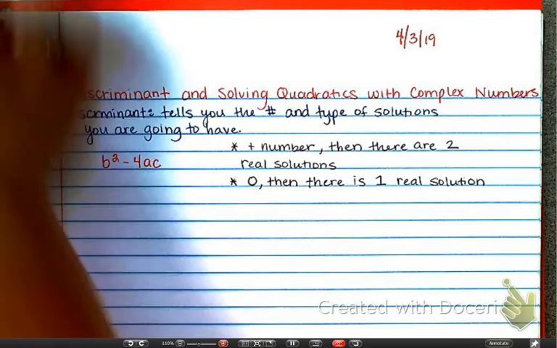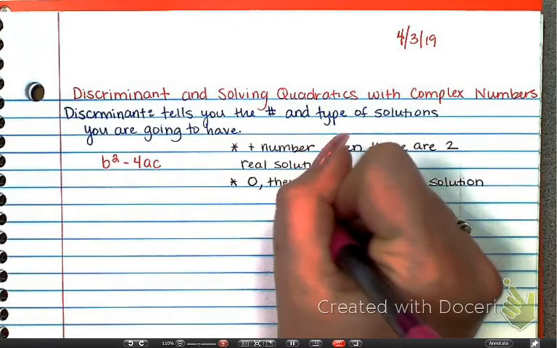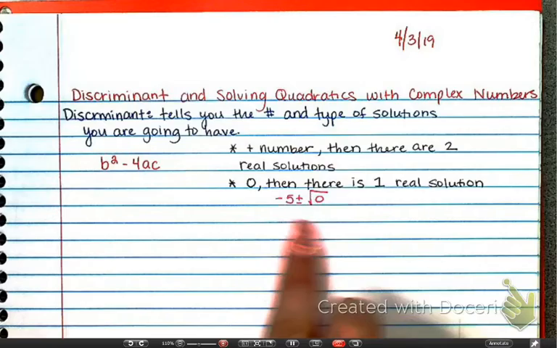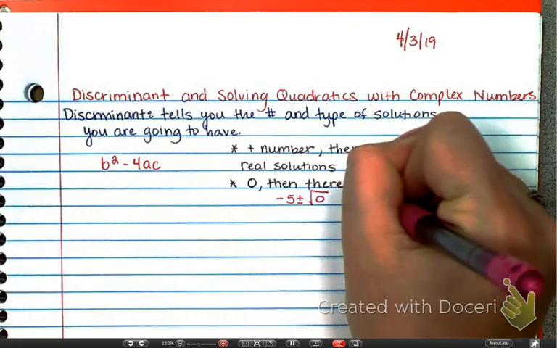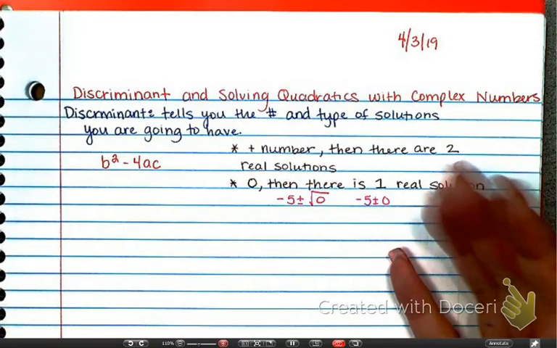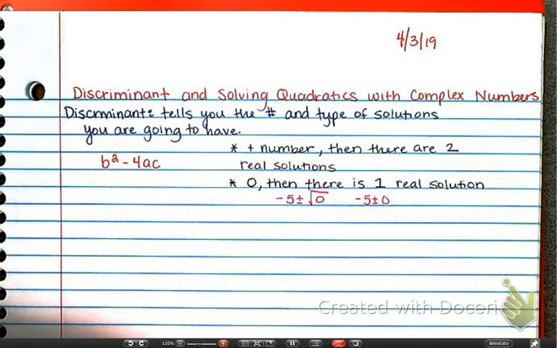So for instance, if you were using the quadratic formula and you had -5 plus or minus the square root of 0, the square root of 0 is 0, and whether you add 0 or subtract 0, your answer is still -5. Okay, that's why we have 1 real solution.